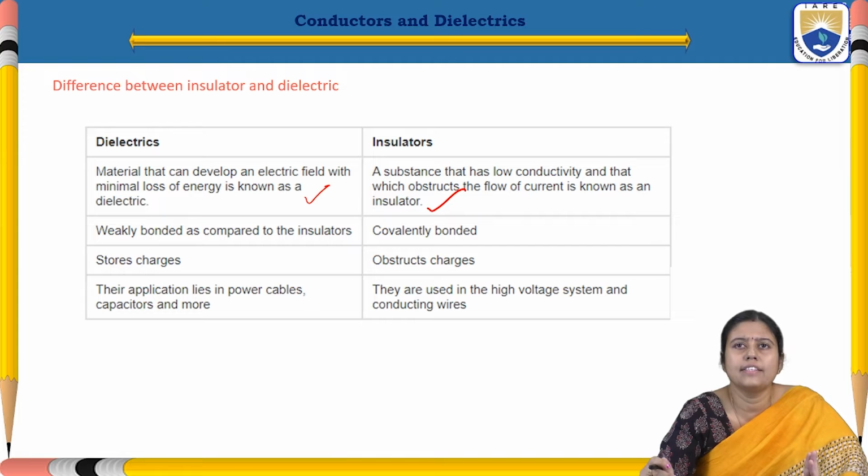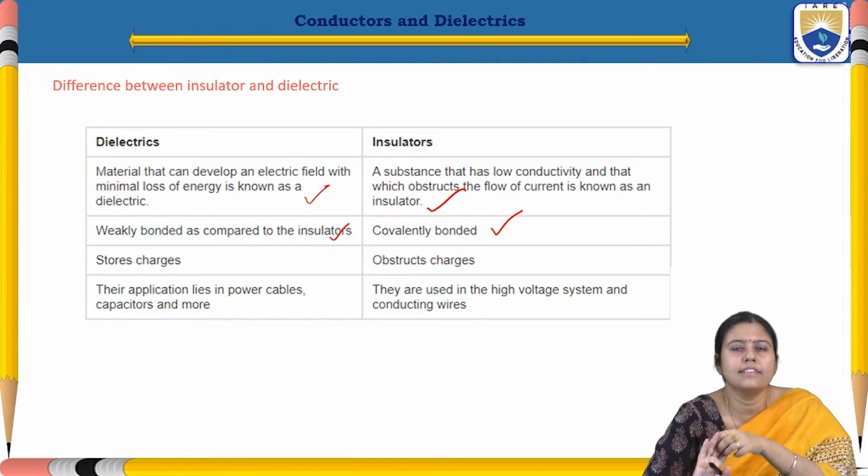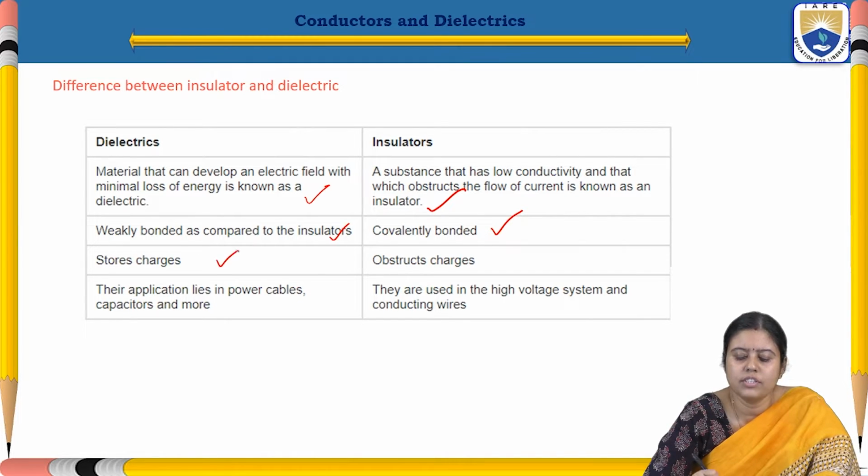But a dielectric is a material which develops the electric field with minimal loss of energy. They are weakly bonded as compared to an insulator. The bonding of the insulator is very tight, but in the dielectric it is not; I am not saying weaker, it is weak with respect to the insulator. It can store charges.